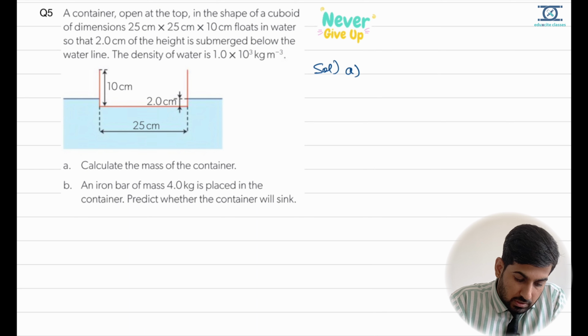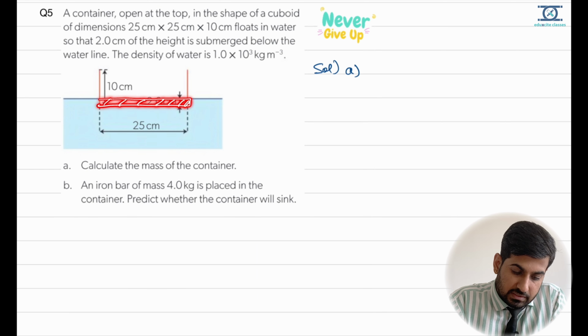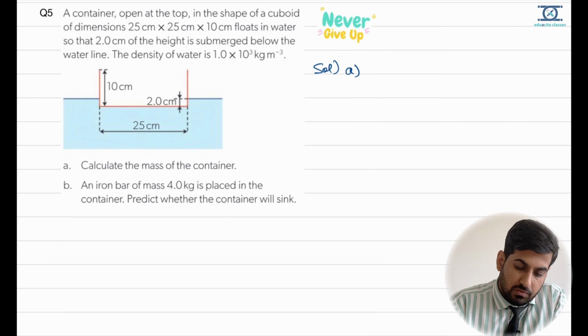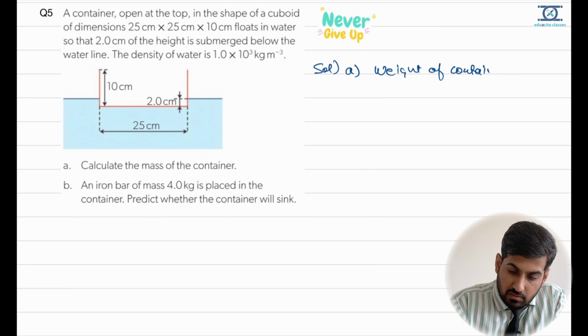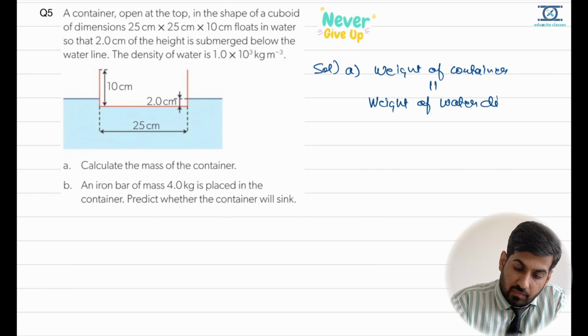The water is displaced by this much volume, and the density of the water is given to you. So the weight of the container is equal to the weight of the water displaced.